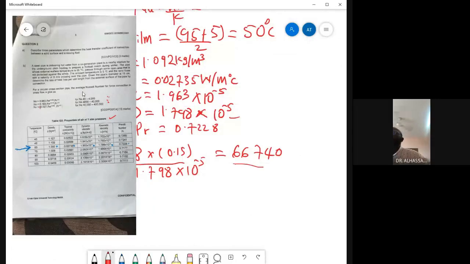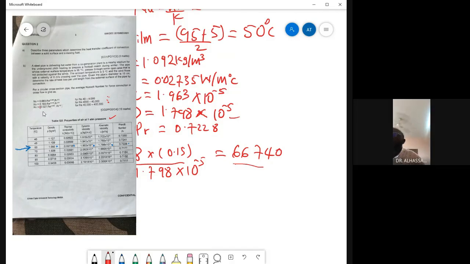Anyway, our Reynolds number is 66,740. So now let's see in which range it falls. You see it falls on the second Nusselt number.